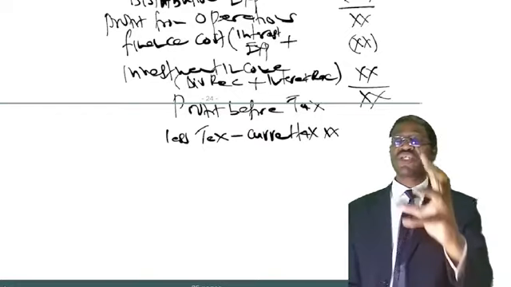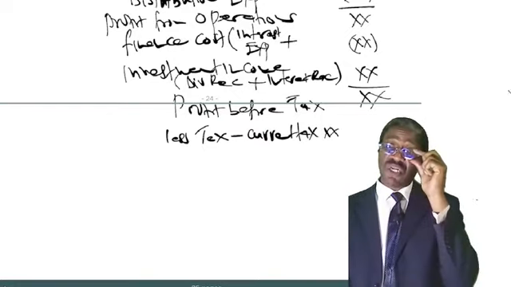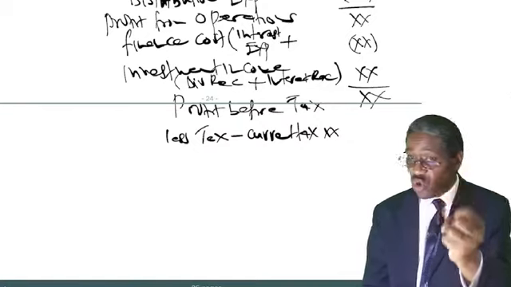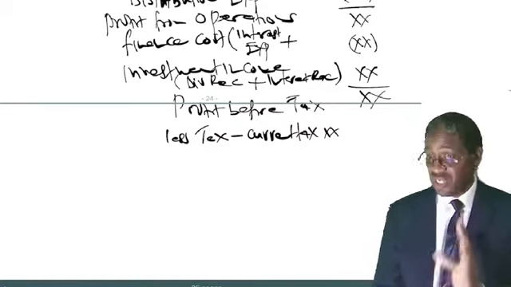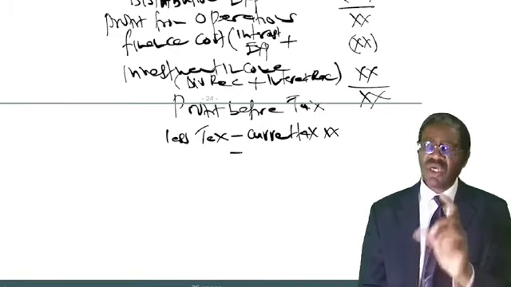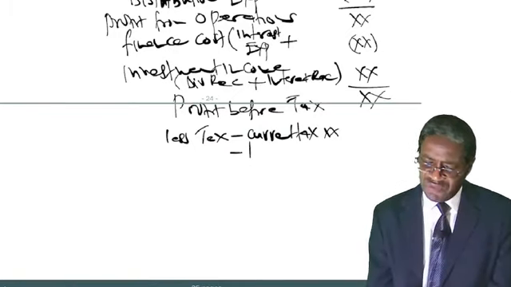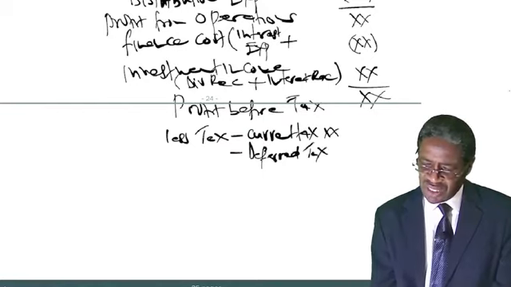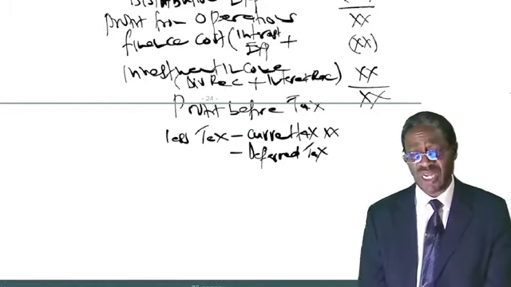Some books will call it corporation tax, like in financial accounting. Maybe you are calling it corporation tax, whatever it is. Then you may have a question which has what we call deferred tax. What we have as deferred tax, we shall discuss that in a short while again.